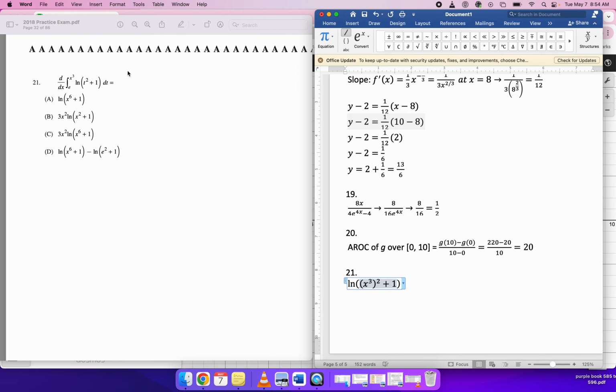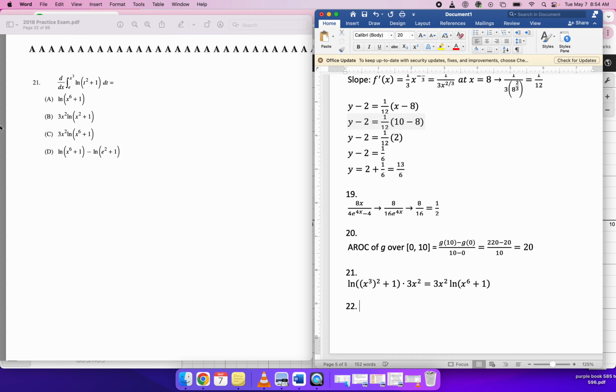But because the upper limit of integration isn't just a plain old x, it's actually a function of x, it's x cubed, it's kind of a chain rule problem. And so then you're expected to multiply by the derivative of the inside function, which is 3x squared. So this would simplify to 3x squared natural log of x to the 6th plus 1. So that looks like C. 22.